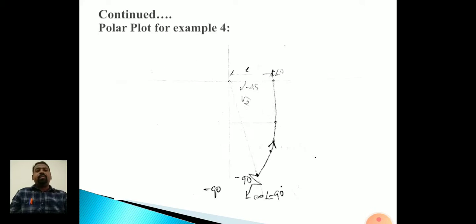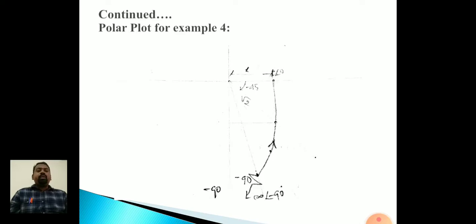Okay, let us see the shape of the polar plot curve for this transfer function. Here the type number is 1 and the order number is 1. For type number 0 and order number 1, we get a semicircle, but here it is not a semicircle, because it starts from the 0 degree line and ends towards the minus 90 degree line.